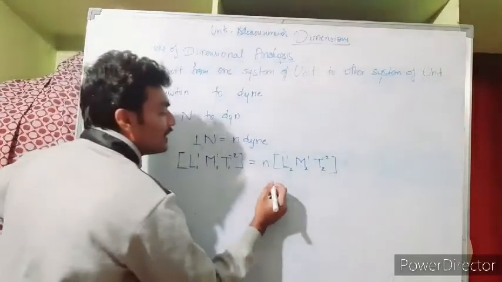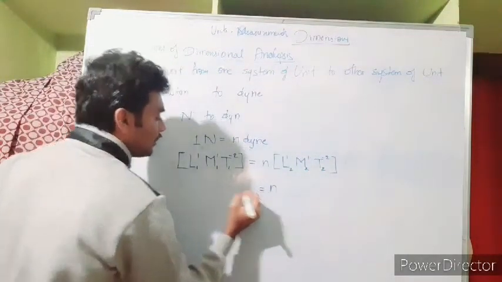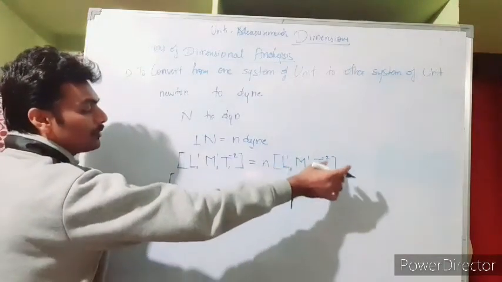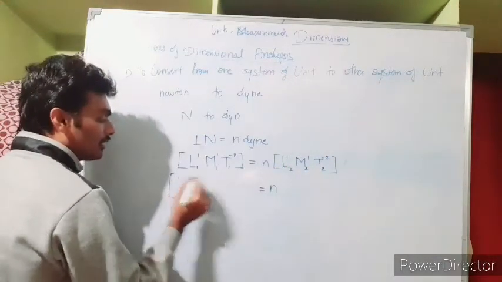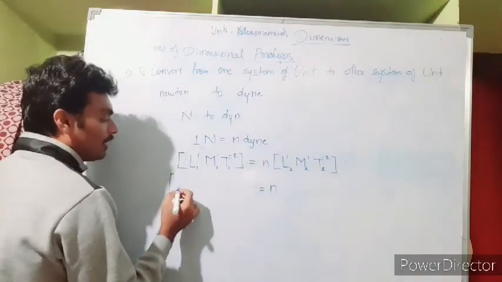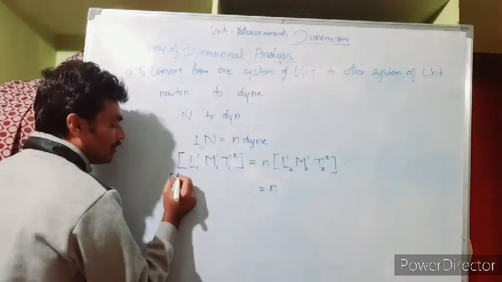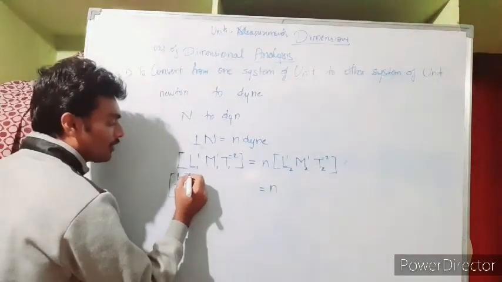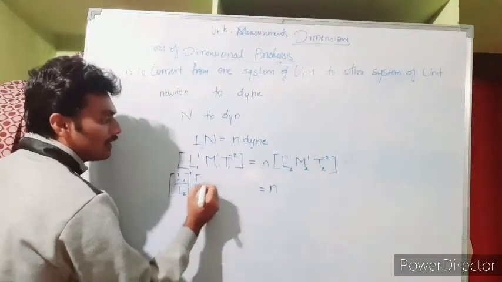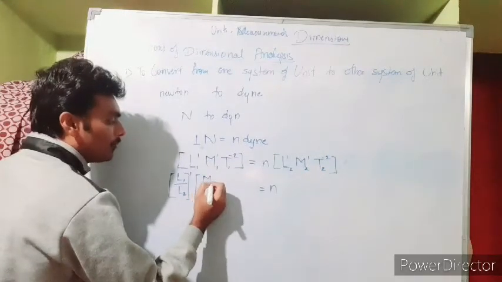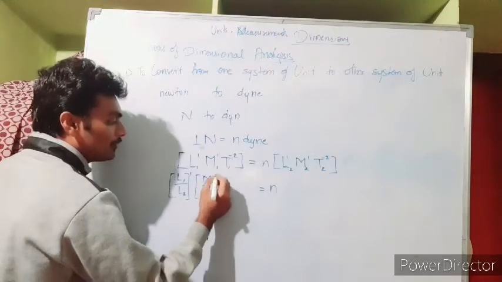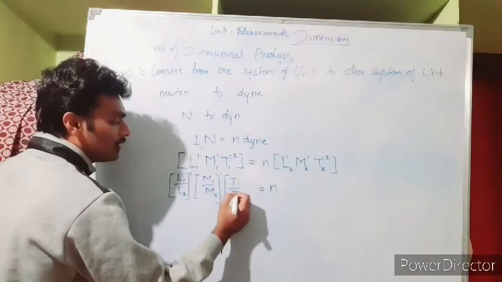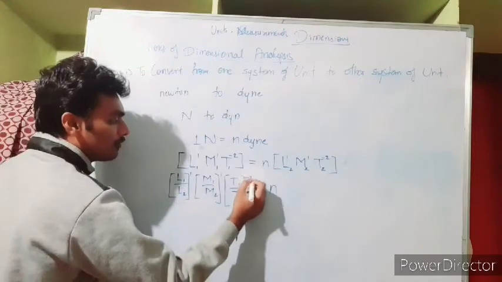So this n becomes equal to, I can bring L2, m2 and t2 to the denominator on the LHS, and they become L1 by L2 whole raised to 1, M1 by M2 raised to 1, T1 by T2 raised to minus 2.